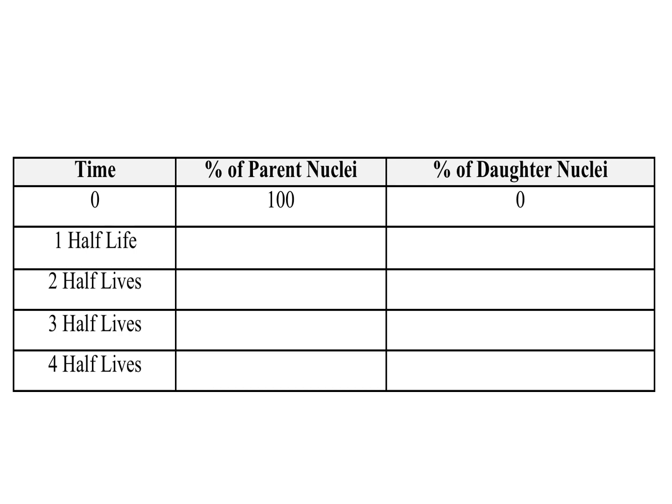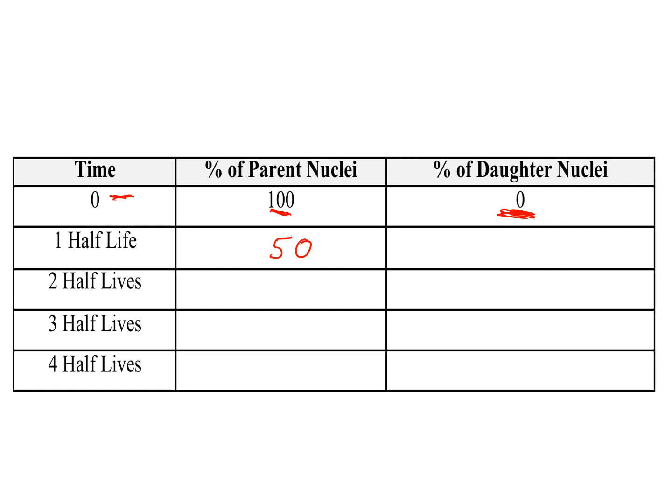So what I mean by half-life: if no time has passed, you have 100% of the parent and nothing has decayed, so therefore you have 0% of the daughter. After one half-life, half of the parent has decayed. So now you're at 50%.